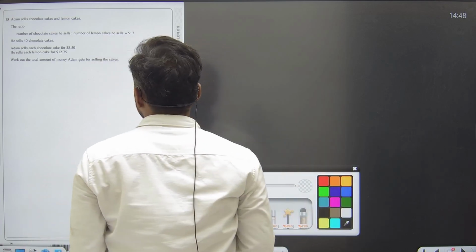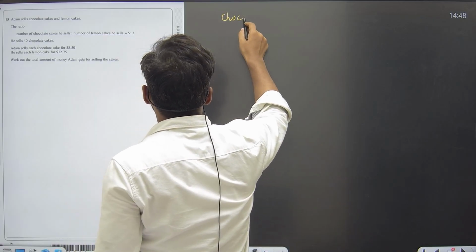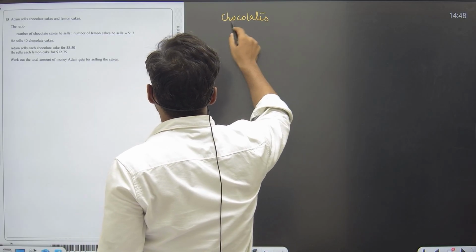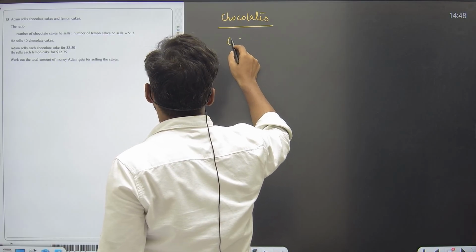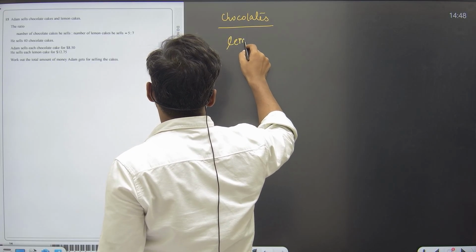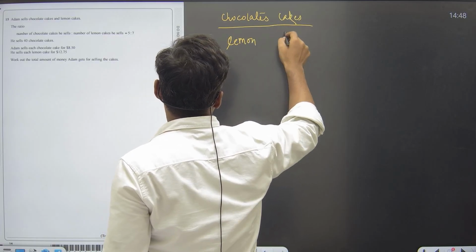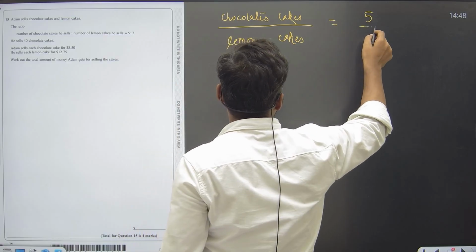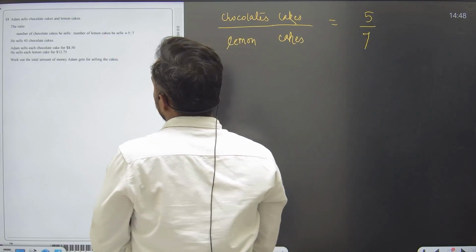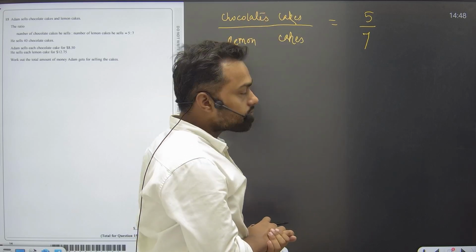The ratio is given here, students. Chocolate cakes and lemon cakes, the ratio is 5:7. Okay, this is the ratio, student.